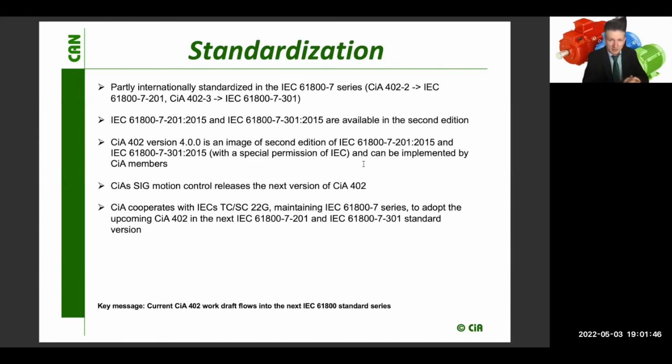We are going to proceed with the next version of 402, standardizing it as the 3rd version, incorporating new modes, 64-bit process data, and some other interesting features. You're welcome to ask us later what those features are.